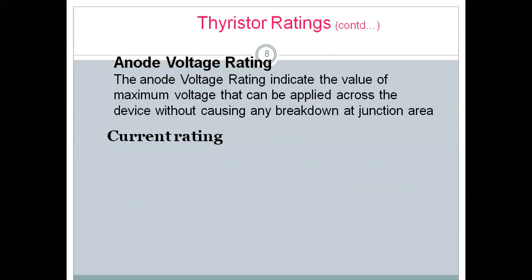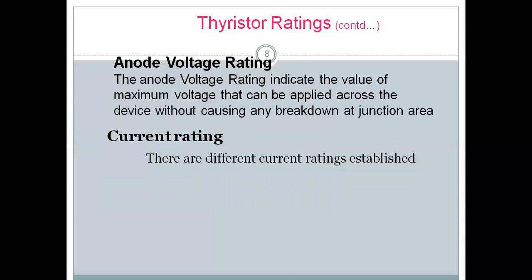The middle junction J2 blocks the forward voltage, and the two end junctions J1 and J3 block the reverse voltage.